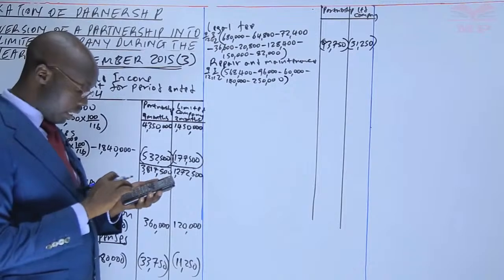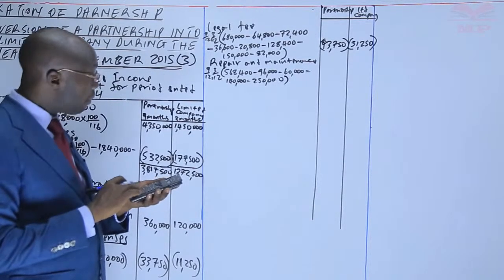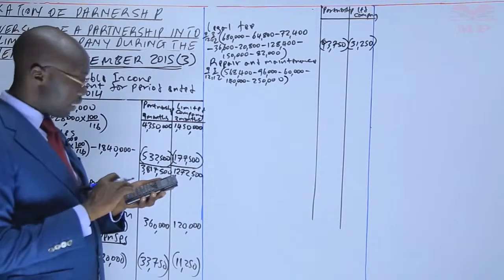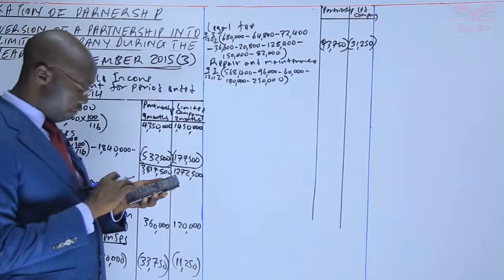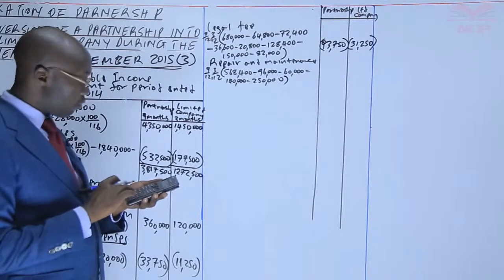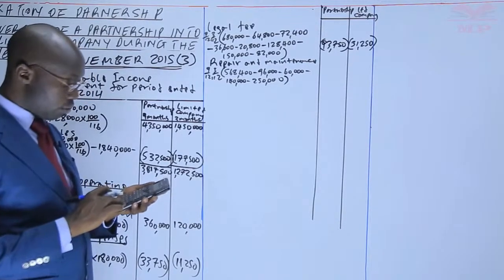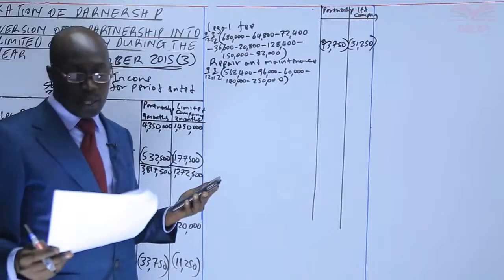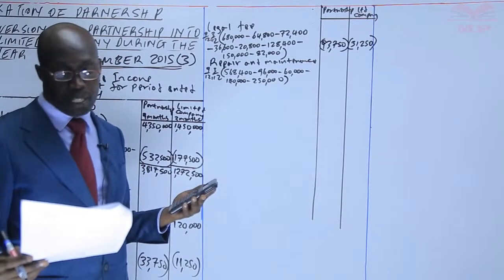So we have 568,400 minus 96,000 minus 60,000 minus 140,000, and then we minus 250,000. So that gives us 22,400, and you can take note that the only expense that is allowable in number 5 is repair of business premise.